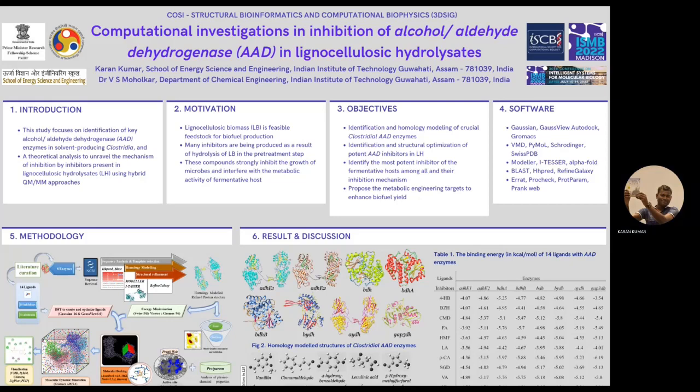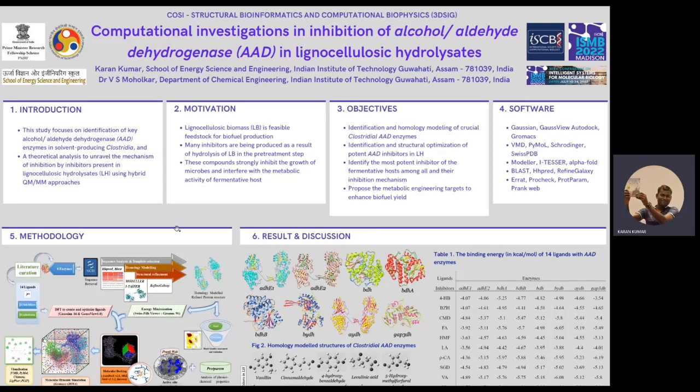Then, we will identify the most potent inhibitor among all of them for the fermentative host and their inhibition mechanism. Lastly, we aspire to propose metabolic engineering targets for enhanced biofuel yield. The software information used in this study is given in section 4.